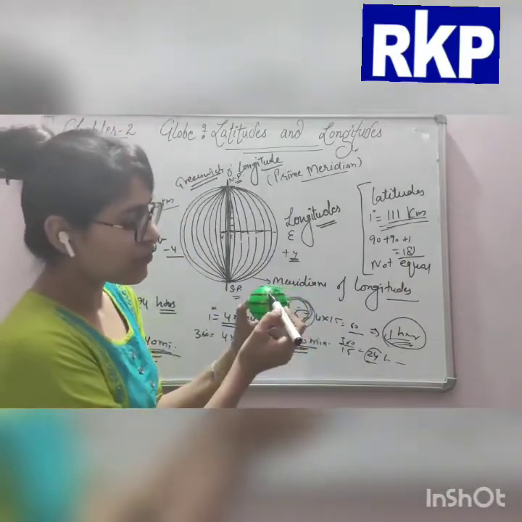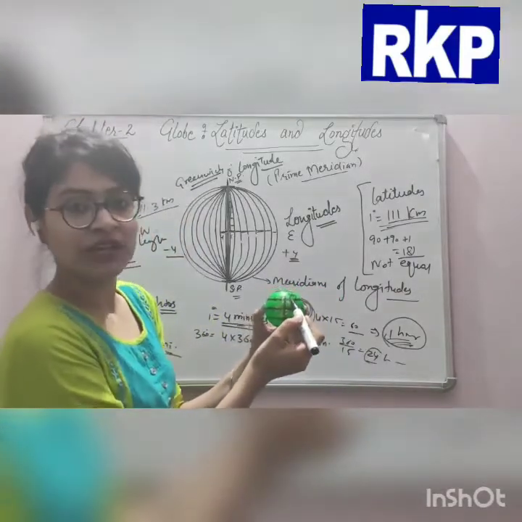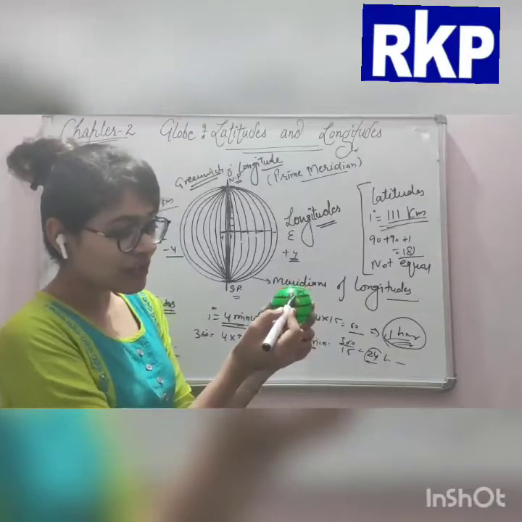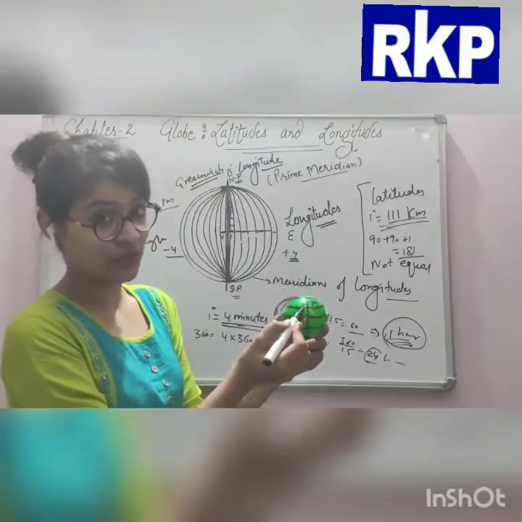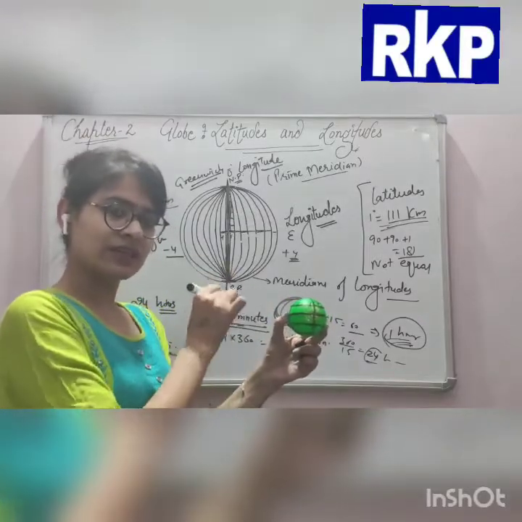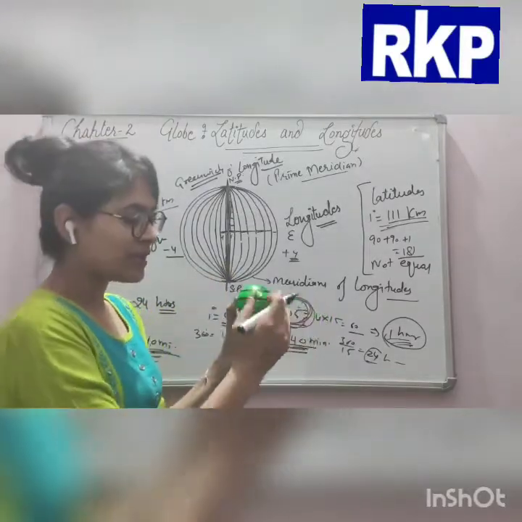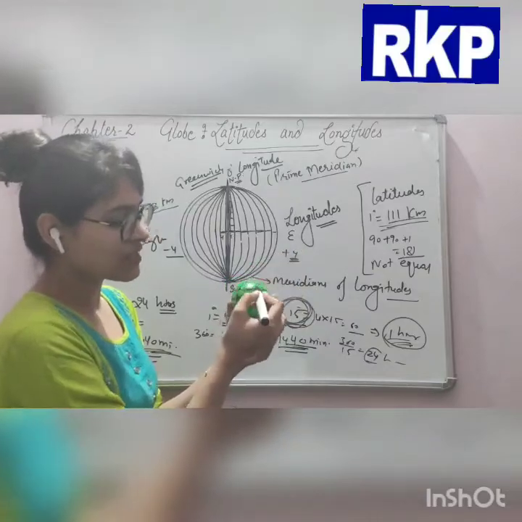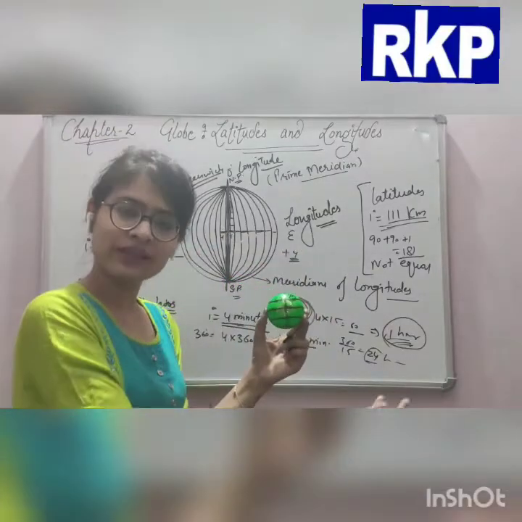If we are moving this side there will be 5 p.m., and if we are moving this side then it was 4. So the further back we go, obviously the time is getting decreased. But if we are moving eastwards, 5, 6, 7, 8, then the time is getting increased.